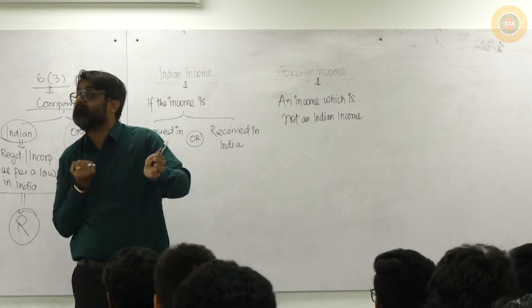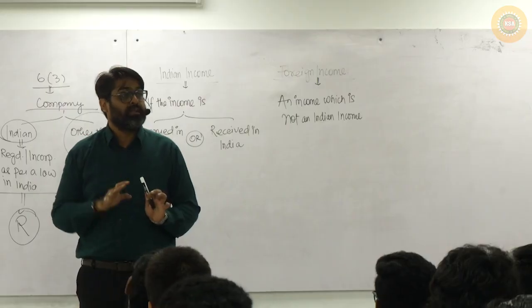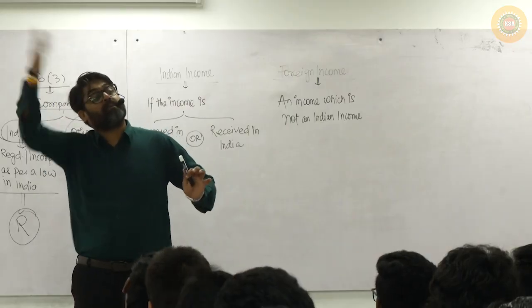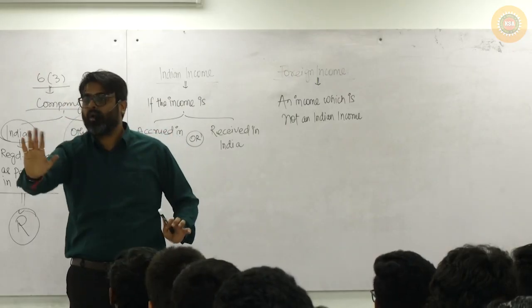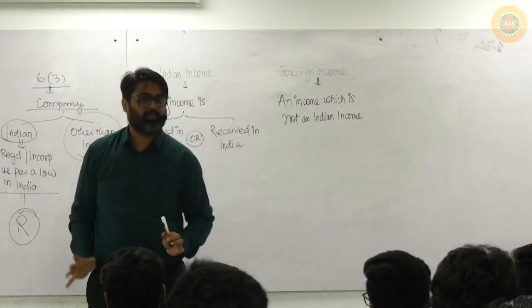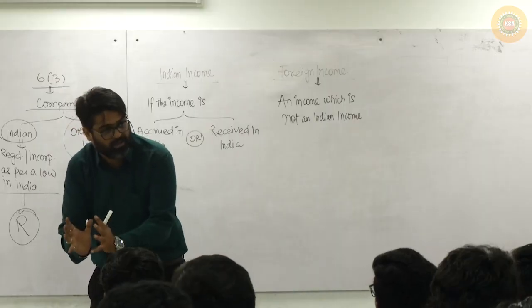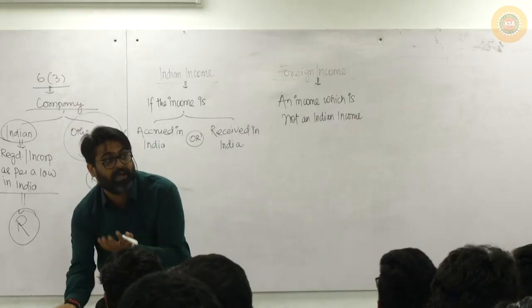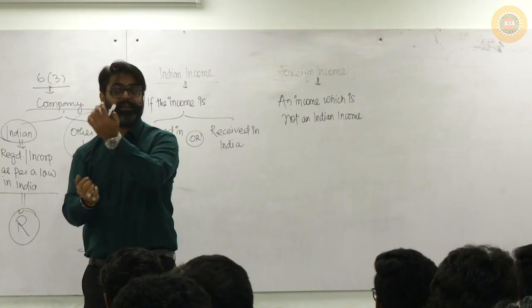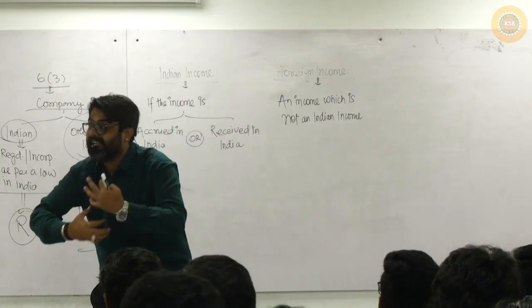I don't want to see at which place the income is becoming due. I want to see where the source of income is located, because from the place where the source of income is located, the income is getting generated. Getting accrued means getting generated.